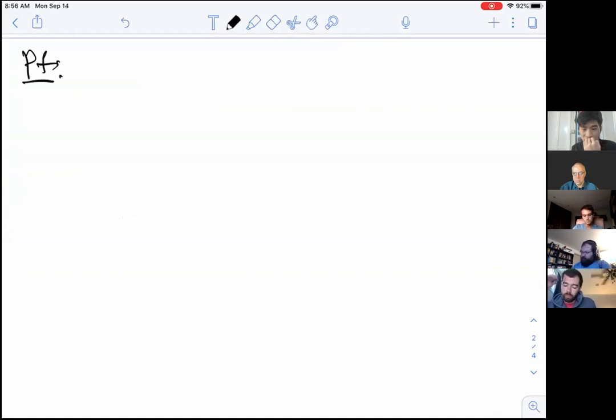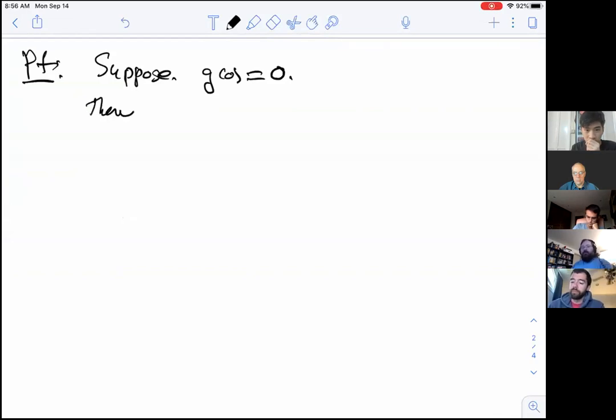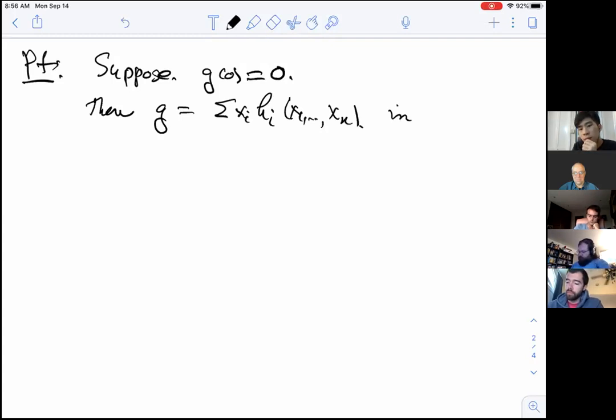So the first basic fact is that suppose you have a C infinity function g defined in a neighborhood of the origin and g of 0 is 0. Then g can be written as summation xi hi of x1 to xn in some local coordinates.